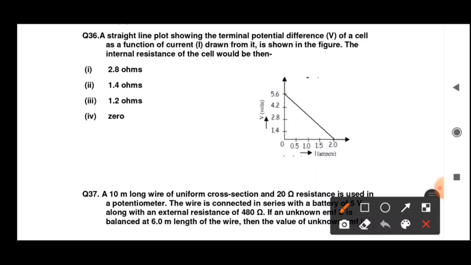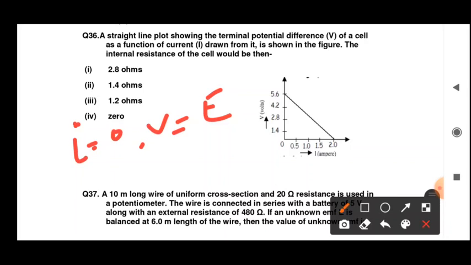You know, when I is equal to 0, then V is equal to E, where E is the EMF. Here you can see for I equal to 0, V is equal to E at 5.6 volt.